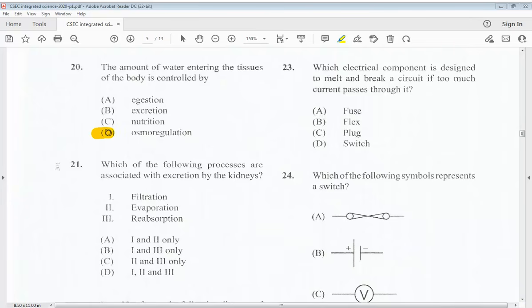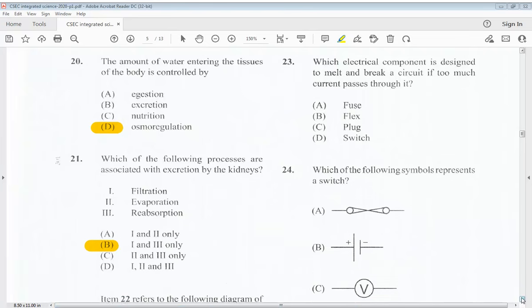No, it is D, osmoregulation. 21. Which of the following processes are associated with excretion by the kidneys? The answer would be B. Let's go to 22.